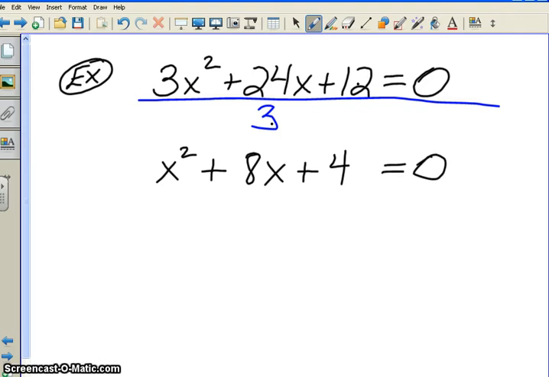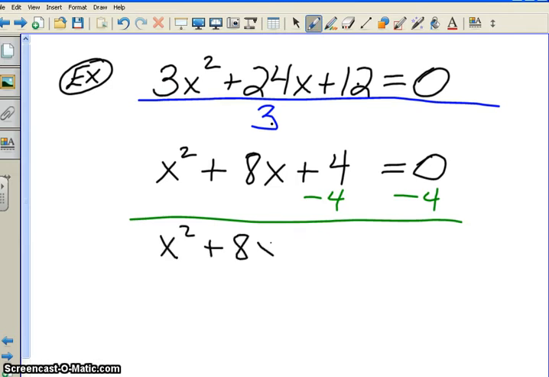And just by doing that, now I'm ready to do the completing the square process. So we're going to subtract the 4 to the other side. That'll leave me x squared plus 8x, leave a little space for the magic number, equals negative 4.